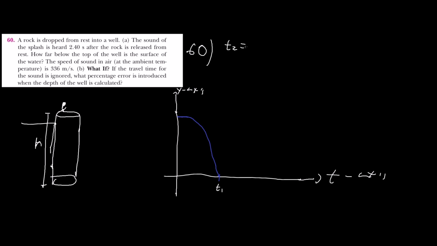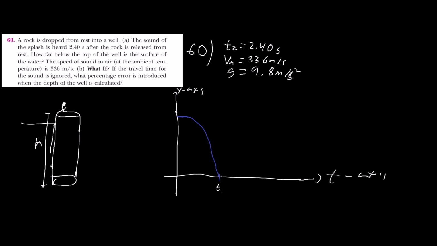So T2 is 2.40 seconds. The speed of the air is 303.6 meters per second. And of course, we're taking into account gravity, which is 9.8 meters per second squared. The rock is dropped from the well, hits the water, and then the sound travels up. The slope would be very steep because that is a high speed.